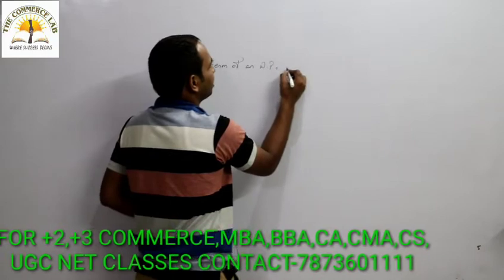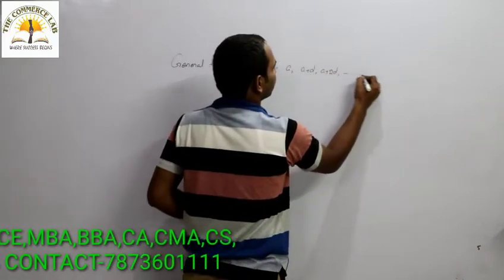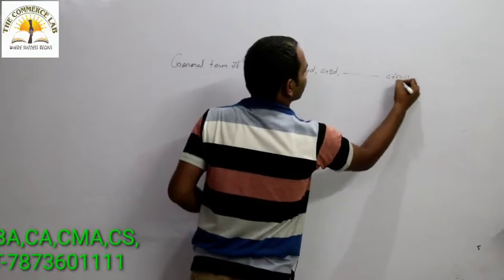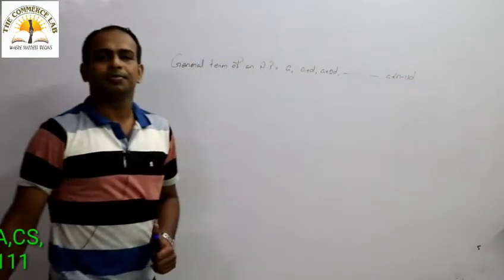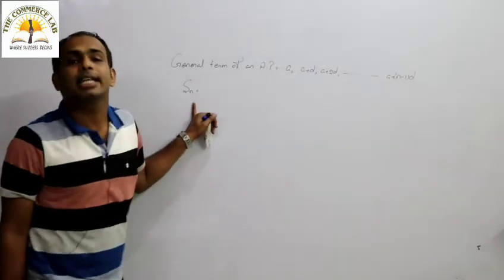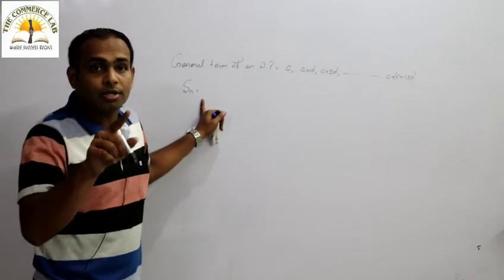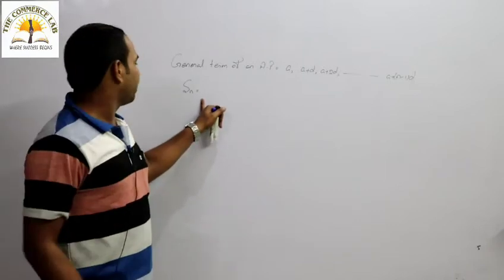The general term of an AP is a plus d, a plus 2d, a plus n minus 1 into d. So to find out Sn, what do we mean by Sn? Sn is the sum of n number of terms of an AP.